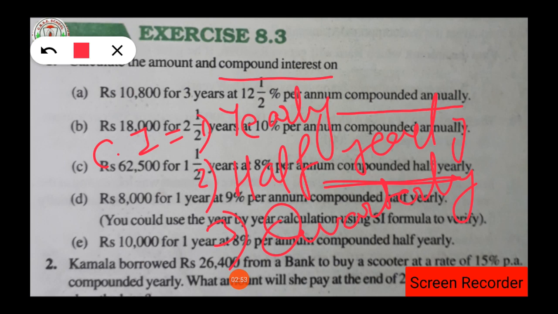While solving the questions, be very careful what the question says, whether it says compounded annually, compounded half yearly, or compounded quarterly. In order to solve compound interest we first have to know whether it is yearly, half yearly or quarterly, because in each case the formula conditions change.